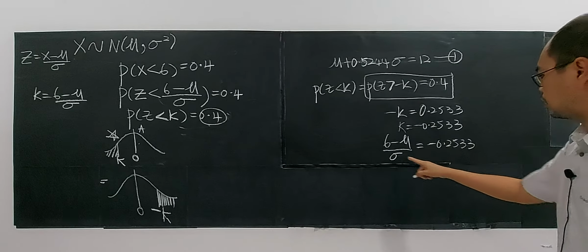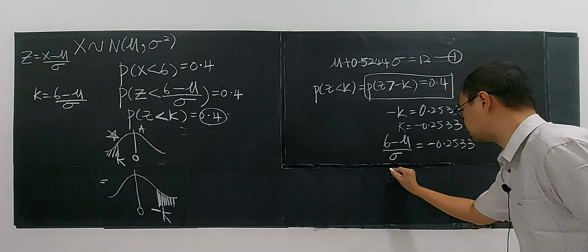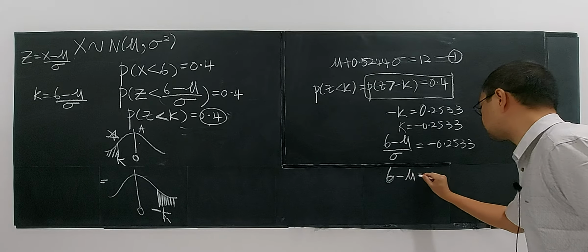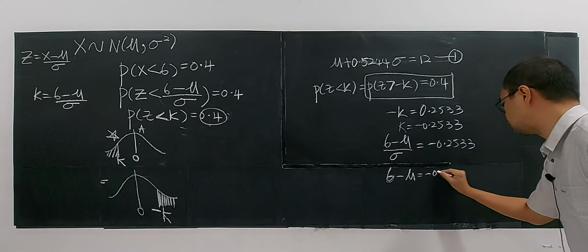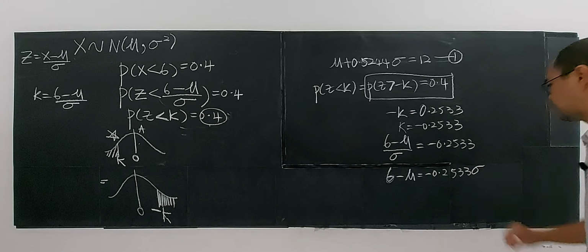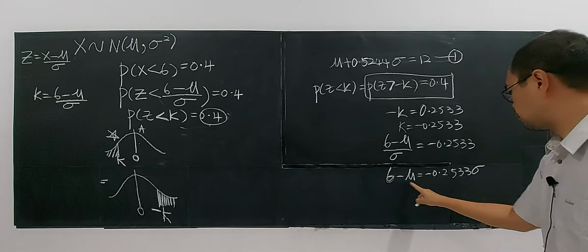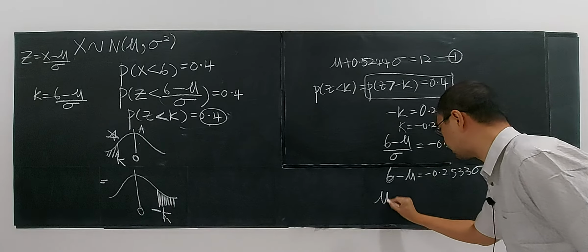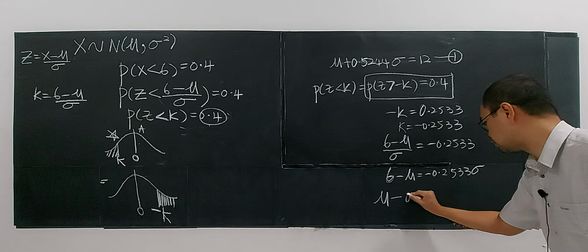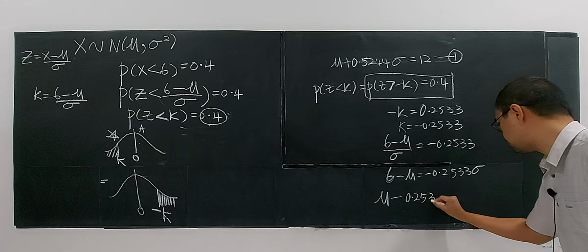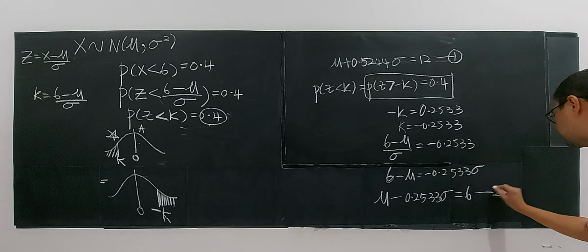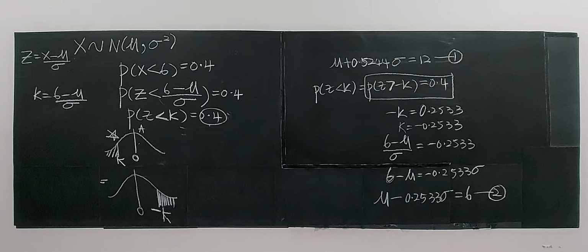So you multiply by sigma: 6 minus mean is the same as negative 0.2533 sigma. If you move this to the other side, you get another relationship, which will be mean minus 0.2533 standard deviation equals 6, and this will be equation 2.